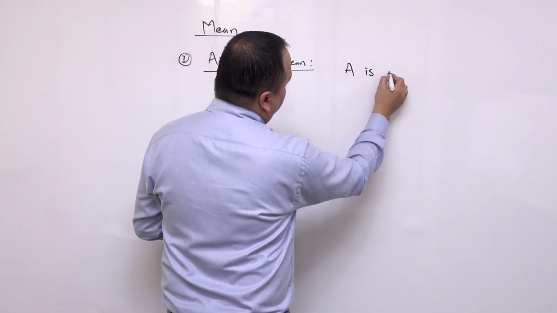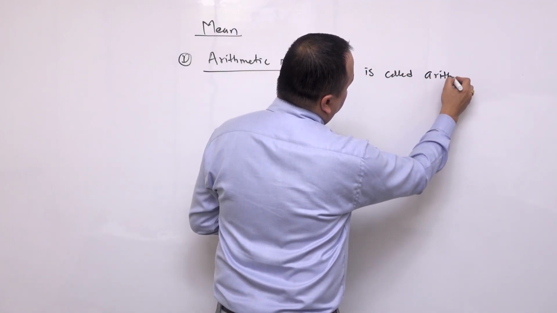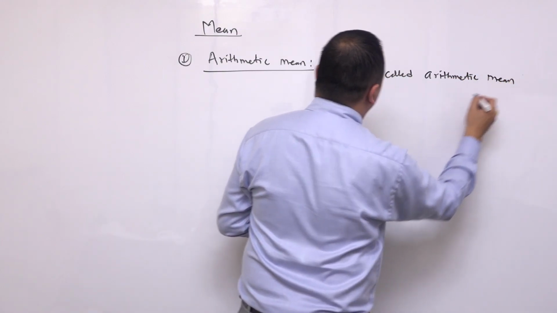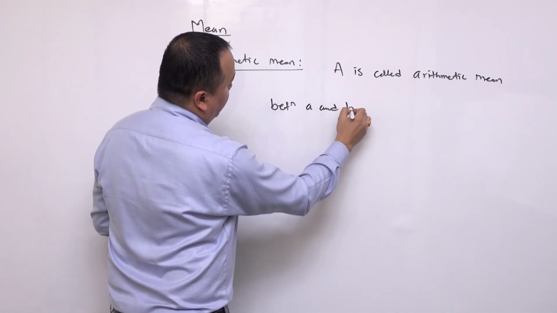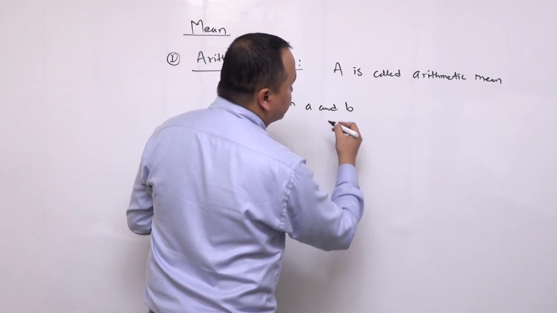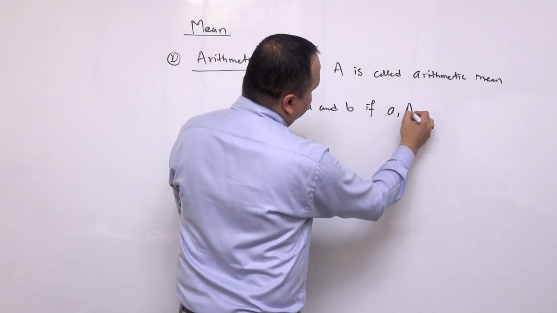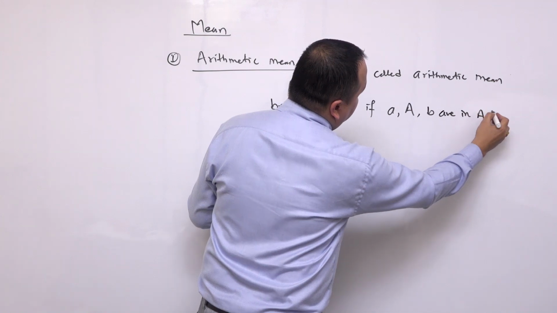A is called the arithmetic mean between a and b if small a, capital A and b are in AP.